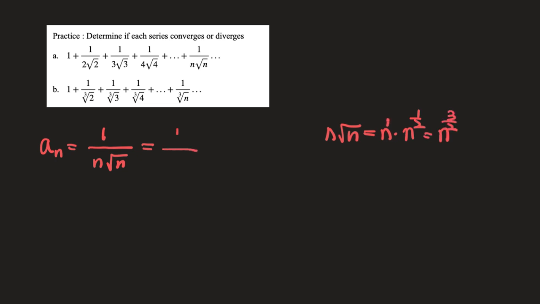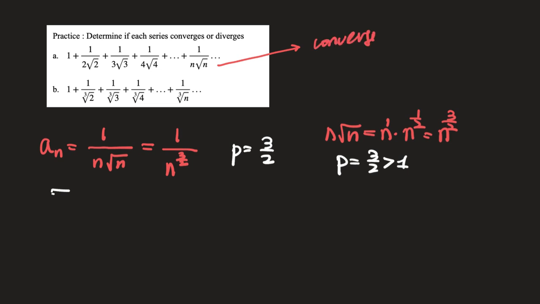So this is 1 over n to the 3 over 2. What is the p-value here? The p-value is 3 over 2. Since 3 over 2 is greater than 1, the first series is going to converge.